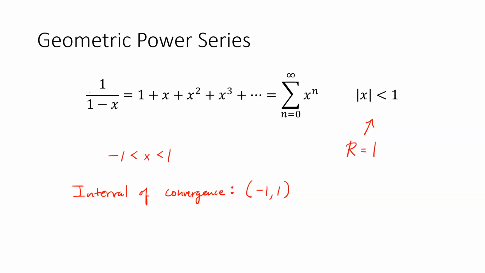Or we can multiply this function by power functions of the form x to the n, and that will give us variations of this power series as well. And we'll see later on that we can also manipulate this through derivatives or integrals to form other power series as well.